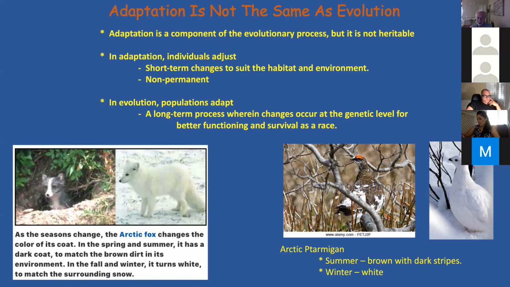So the ability to switch colors is genetic, but the switching of colors is not. So over time, the population never changes. They always have this genetic ability to switch with the season.